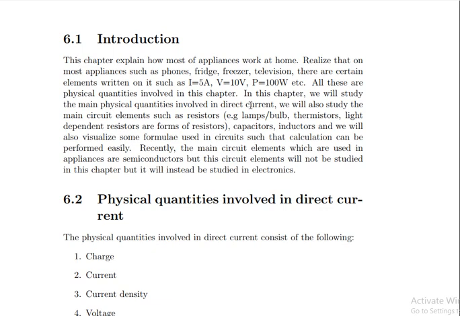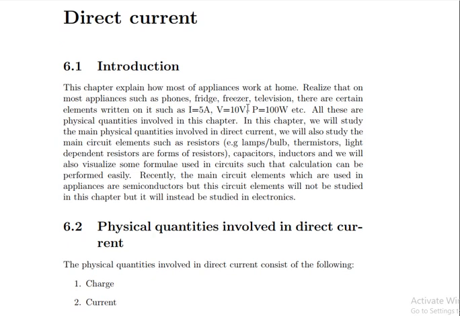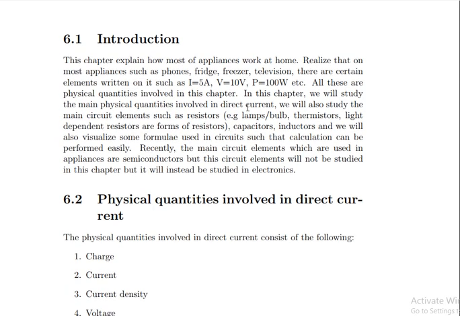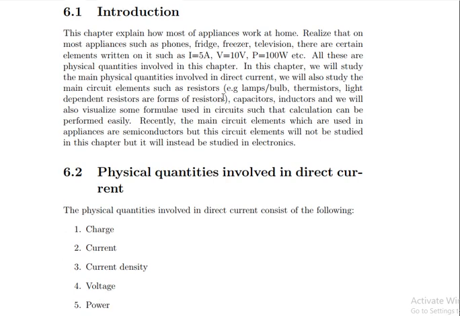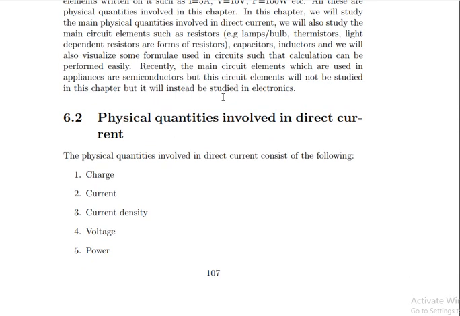Appliances such as lamps are very important to lighten our homes, and these are all based on direct current. In our phones, we have resistors, capacitors, and inductors, which all work with the principle of direct current. So the chapter is going to involve direct current principles.